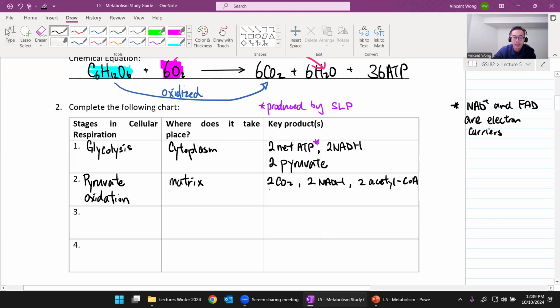I just want to remind you, these products are per glucose. And that's where we stop. Any questions so far?